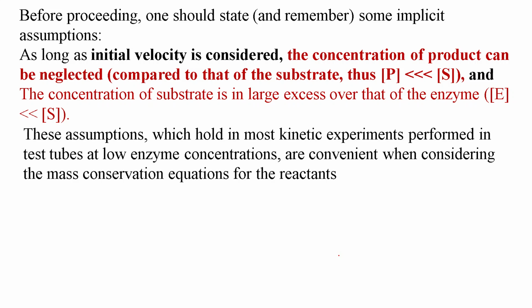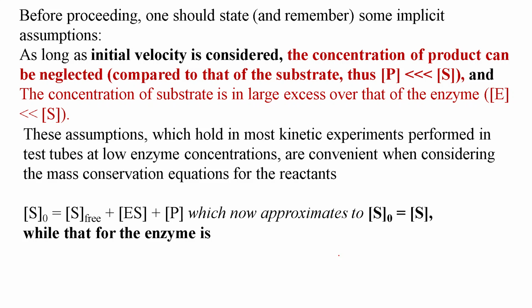So we say that these assumptions, which hold in most kinetic experiments performed in test tubes at low enzyme concentration, are convenient when considering the mass conservation equation for the reactants. Another assumption we need to make, even though we will still look at it, is that the substrate concentration is not changing.